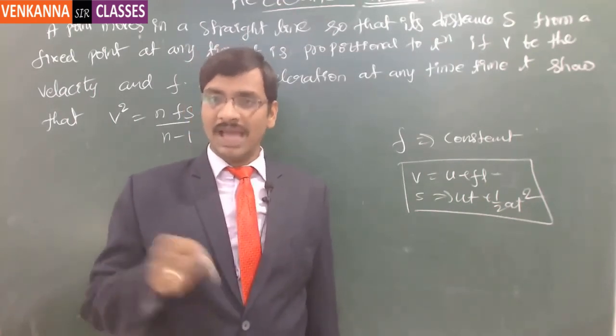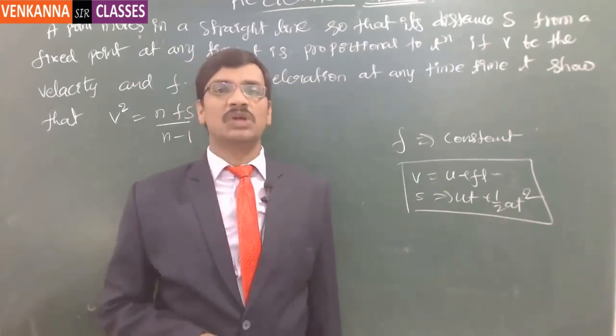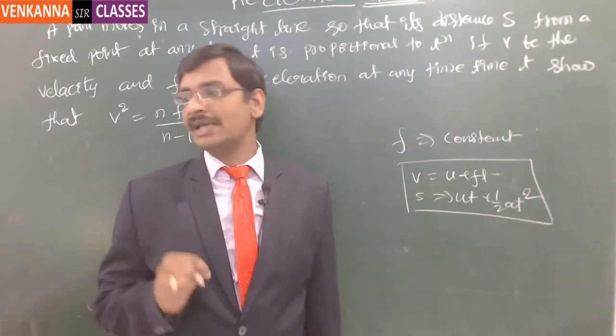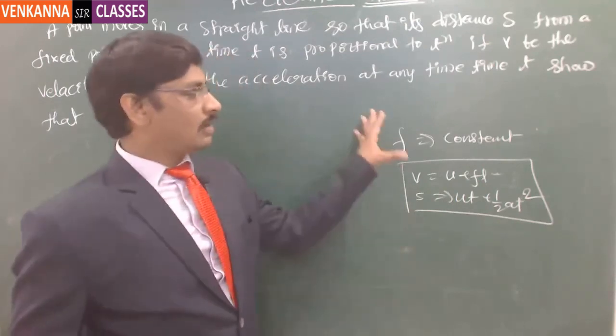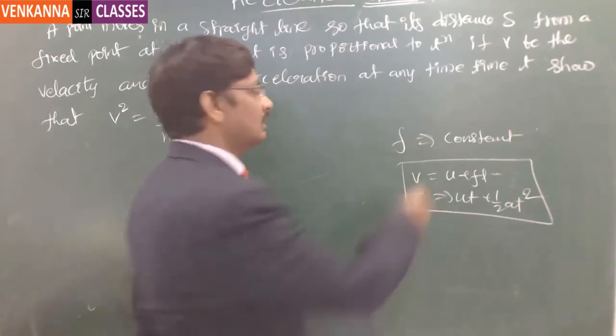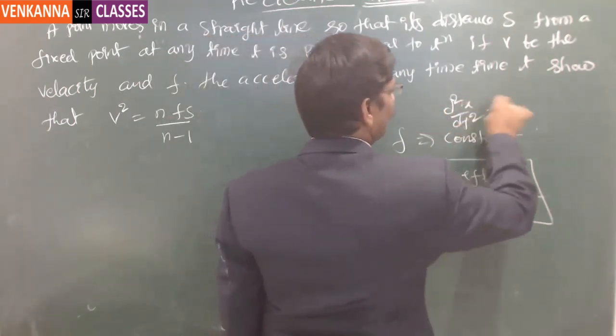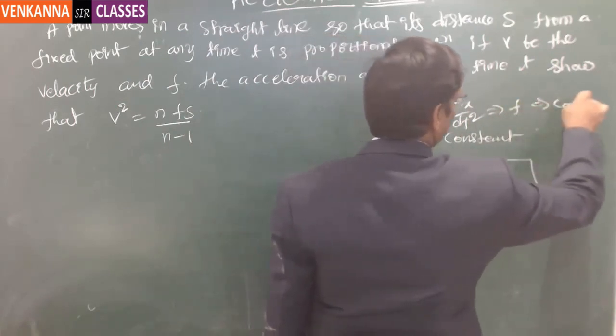That means the acceleration is also changing with respect to time. That acceleration we call the instantaneous acceleration. But all these formulas are derived with an assumption of constant acceleration, that is, they are the solutions of d square x by dt square equal to f, which is a constant.